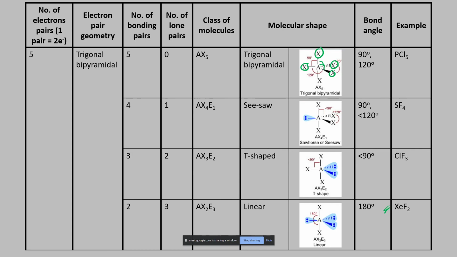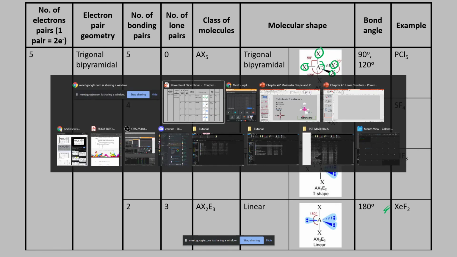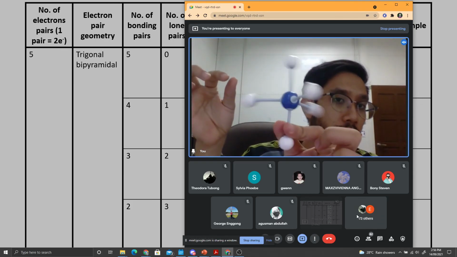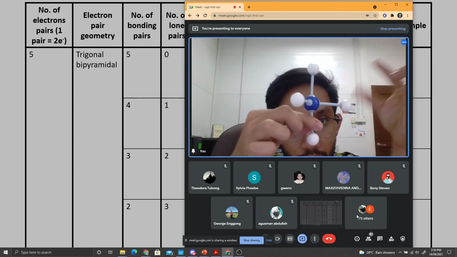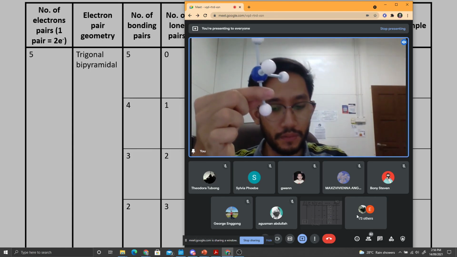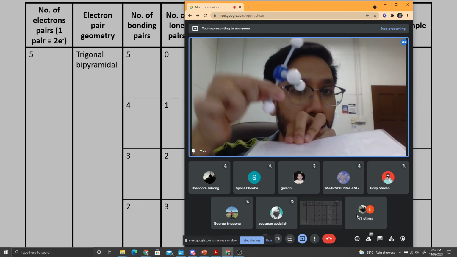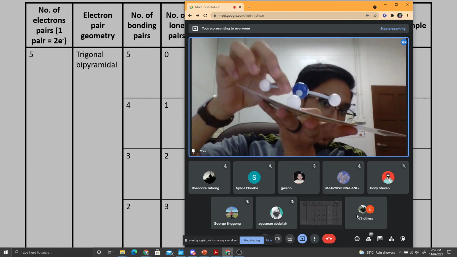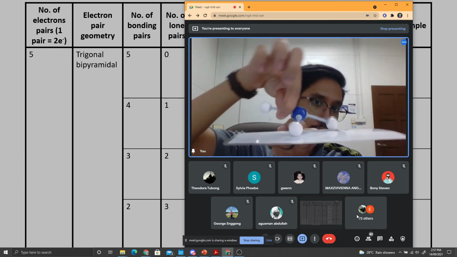So watch my camera. Here is where we remove, at the waist. We start by removing one. It is a seesaw shape. Okay, how is it a seesaw? Because they view it this way. This is a plane, and we want the edge. See how it looks like a seesaw? It goes up like that.